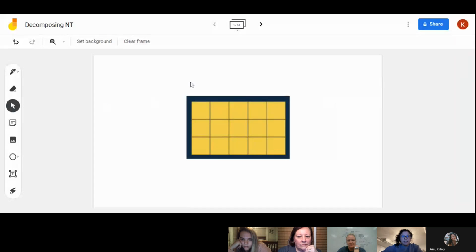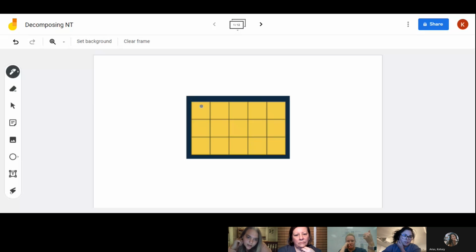Okay. Do you guys see this? Yep. Okay, so go ahead and think of ways to solve this rectangle full of dots. Taylor, can you go ahead and share your thinking?